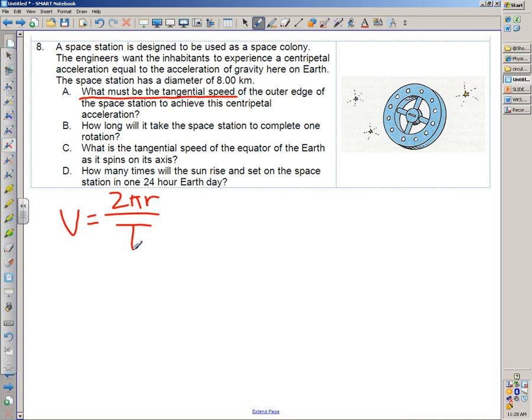Do we have enough information to figure that problem out? We have an R, or we can use that to figure out the R, but we don't have the time. But we do have another equation that has tangential speed in it. It looks like this: v squared over r.